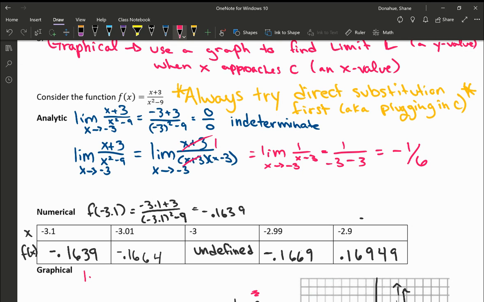So to find the limit overall, we have to look out from the left. So we're going towards -3. From the left, you put the little negative in there. So from the left, we're going in the table this way. It approaches -0.1664, right? And from the right, we're going the other direction.